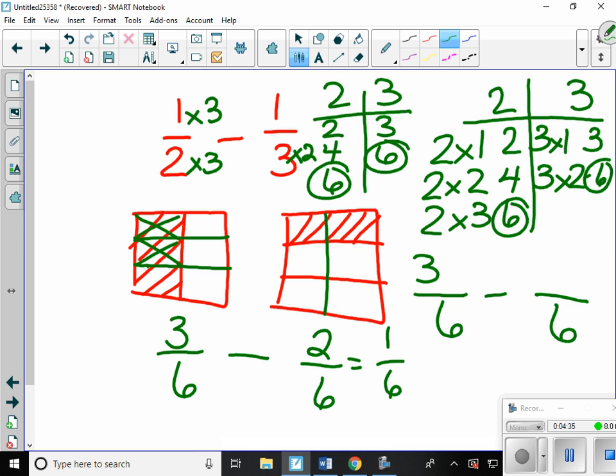What you do to the bottom, do to the top. 1 times 2, 2. I leave my denominators alone. I do not subtract those. 3 minus 2. 1. Do you get the same answer? Yes. Yes, sir.